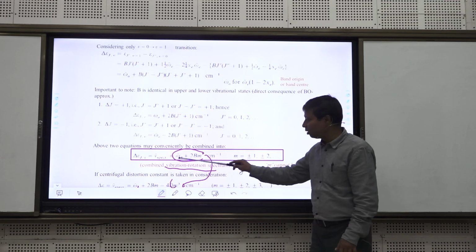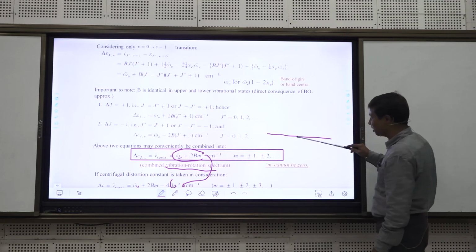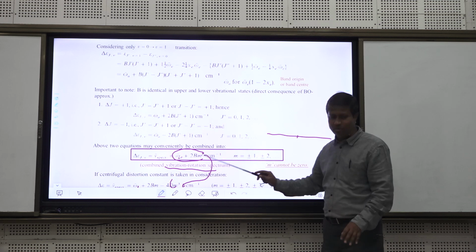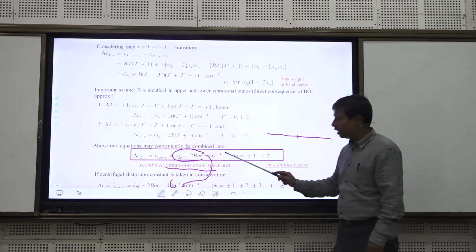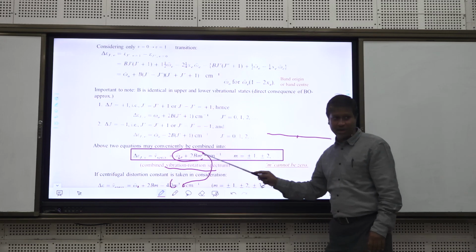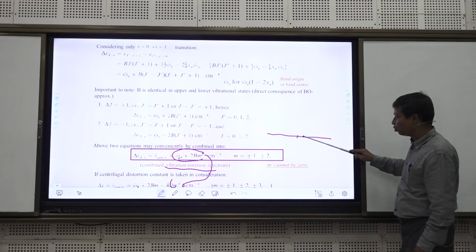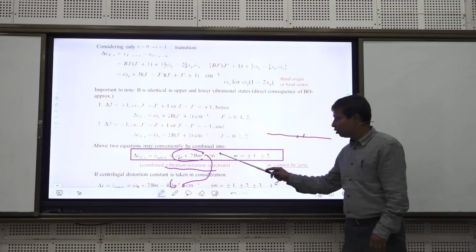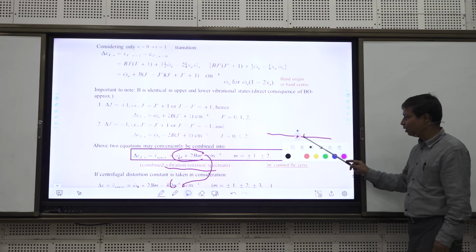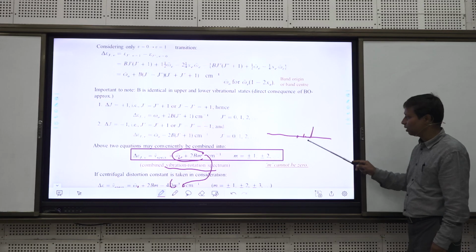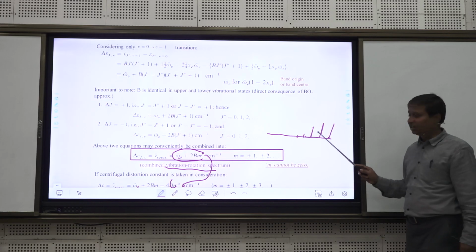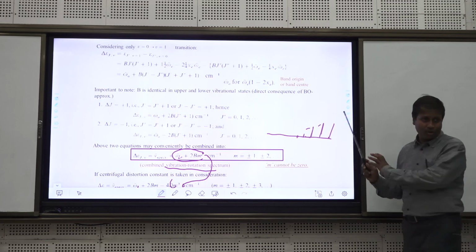How? This is the center position. Now m equal to 0 is not possible, so at the center there is no band. M equal to plus 1 gives omega 0 plus 2B, then omega 0 plus 4B, then omega 0 plus 6B. That means these lines are spaced 2B, 2B, 2B.